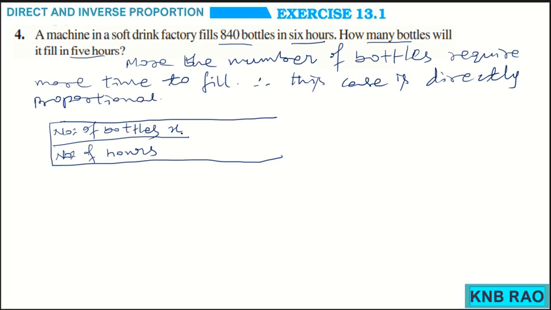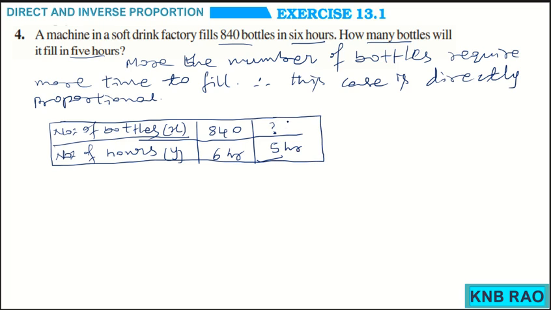I am taking one as variable x, another as variable y, where x is the number of bottles and y is in hours. For 840 bottles you need 6 hours, and in 5 hours how many bottles can you fill?